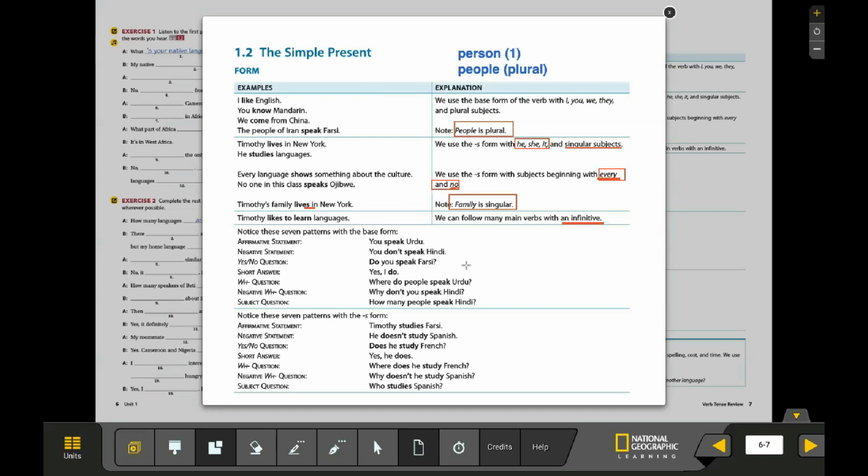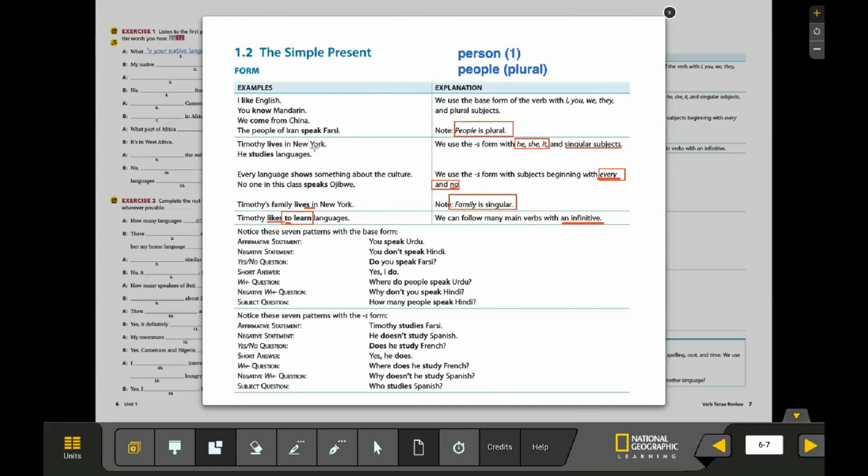We're going to talk better about this, but it's just for you to know. So for example, Timothy likes to learn. What is the infinitive? When you have to. I need to call my mother. So you use the infinitive verb after some verbs, okay?